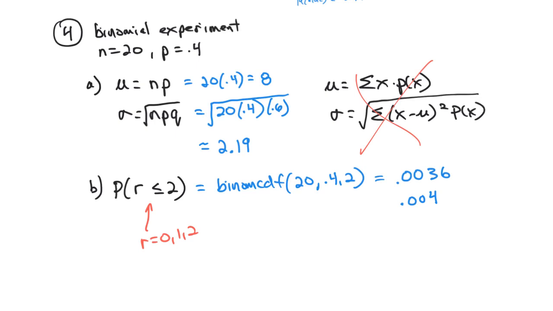Remember, the back of the book is using the tables, so they're going to get round-off errors. So they might even say 0.003. I mean, it could be a little different, but as long as we're close, we're probably fine. Our calculator just gives more precision than the tables do. So remember, when you look in the back, especially when you use binomial CDF, you could get an answer a little bit different than the back of the book.